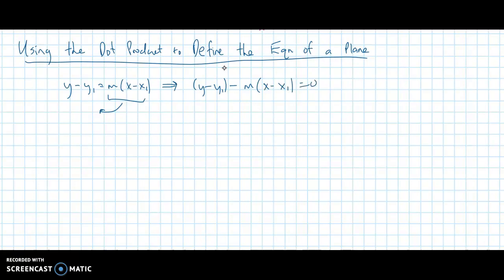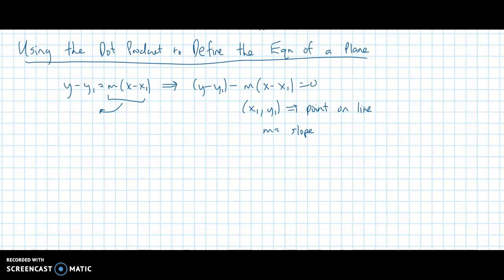And remember, x1 comma y1 is a point on the line, and m is equal to the slope. I could break that m down a little bit more in order to connect it more to what I'm about to write, but I'm going to hold off on that for now because I don't think it's worth it right now.